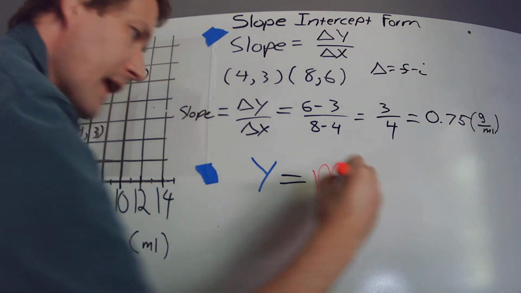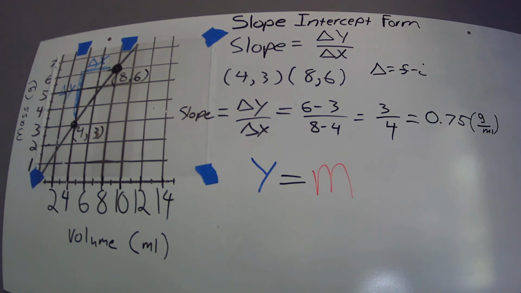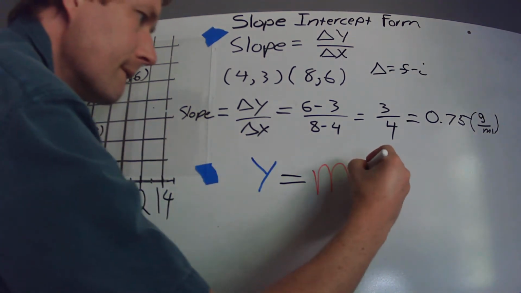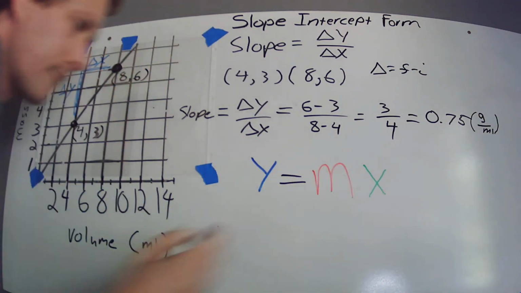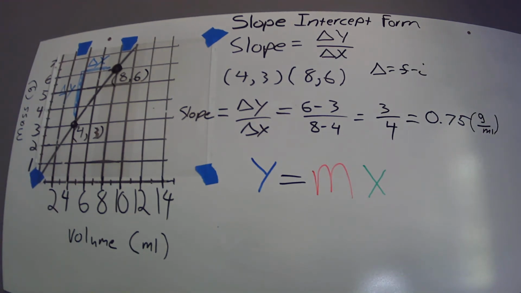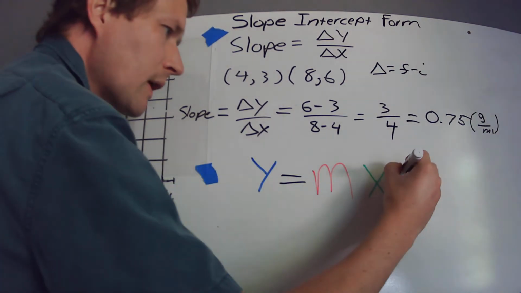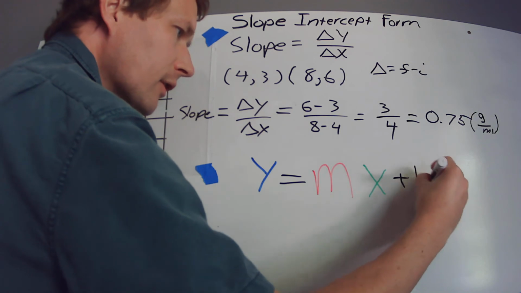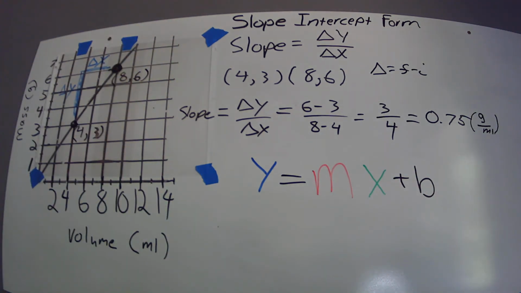You probably remember that from math class. And what does all that mean? Well, the y is your y-axis, the m is your slope, the x is your x-axis, and the b is your intercept. In this scenario, since it's plus b, that would be plus 0 because we have a 0 intercept. So we can kind of ignore b, which is nice.